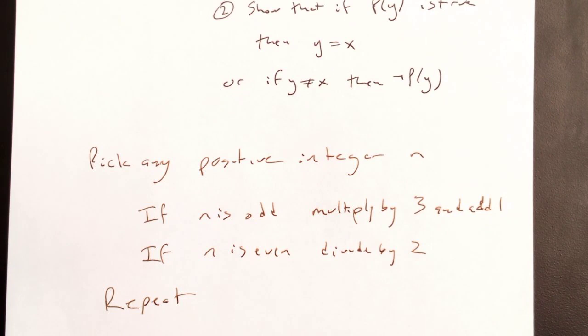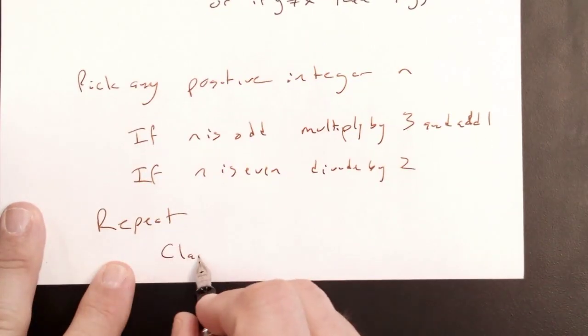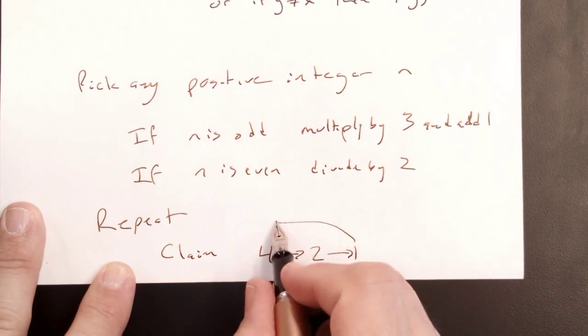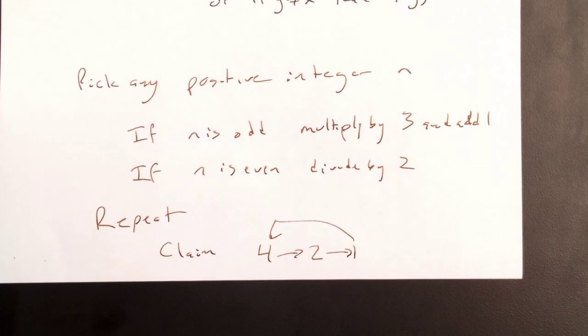If the number you picked was odd, multiply by 3 and add 1. If the number you picked was even, divide it in half. Take the new number you got, repeat the process. Claim: eventually, no matter what number you pick, you'll hit 4, 2, 1. Get stuck in that little loop.